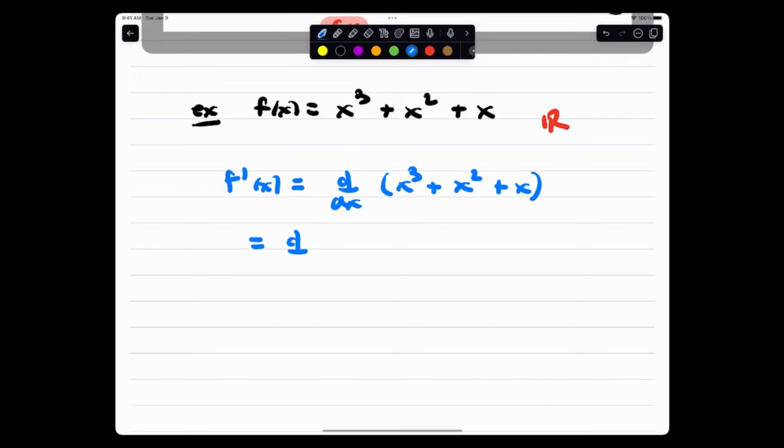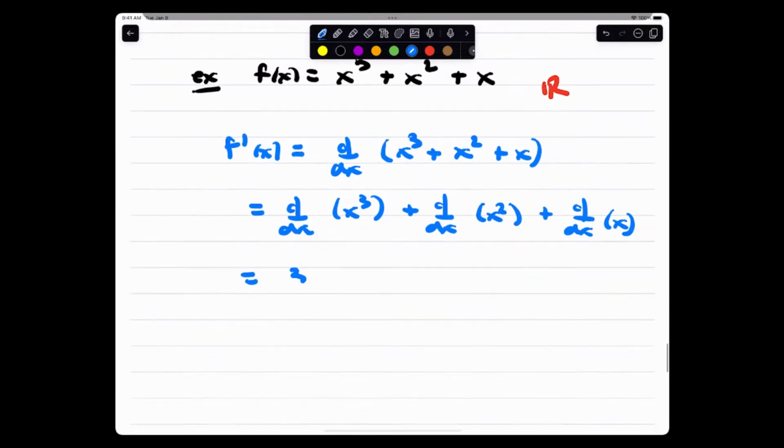The derivative of a sum is the sum of derivatives. So what's that going to give us? That's going to be 3x squared plus 2x plus 1.